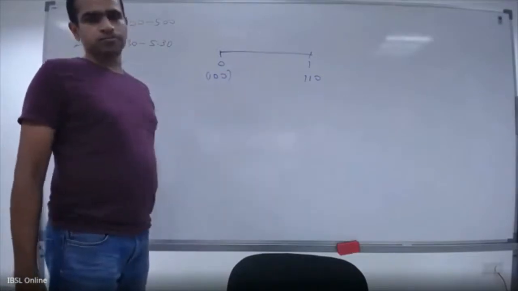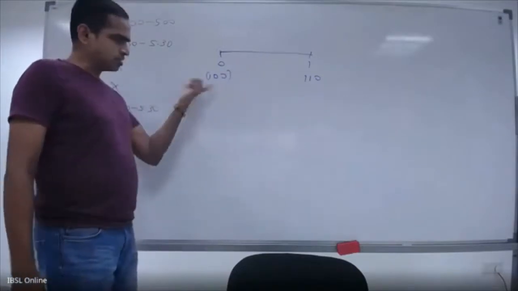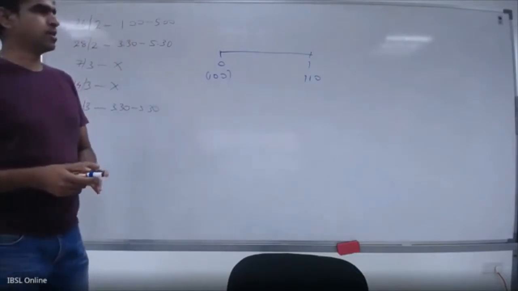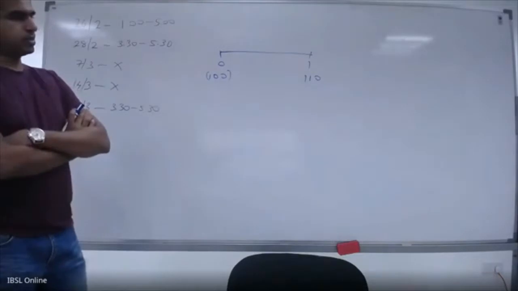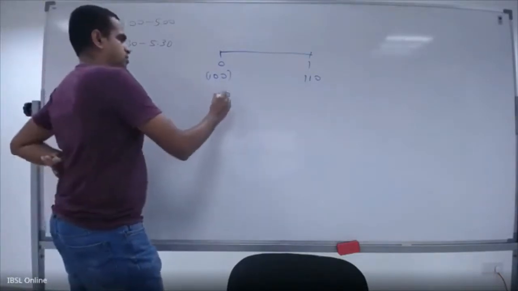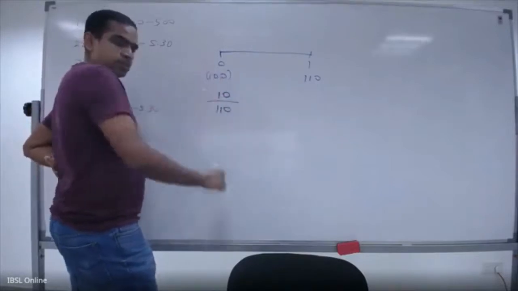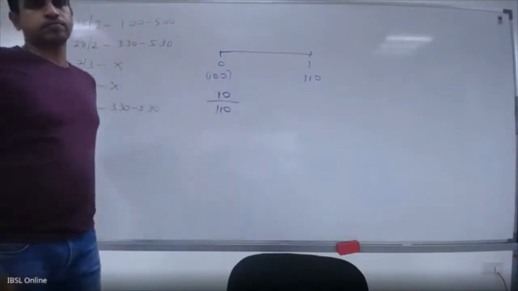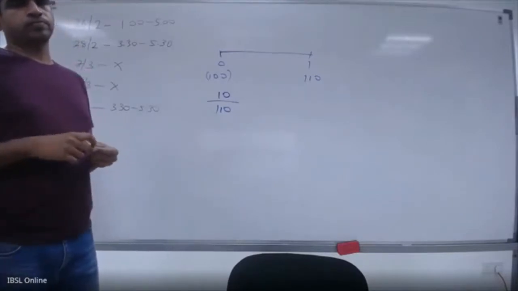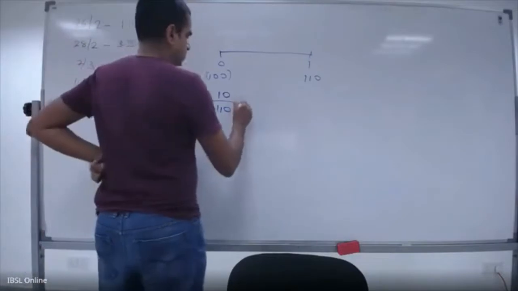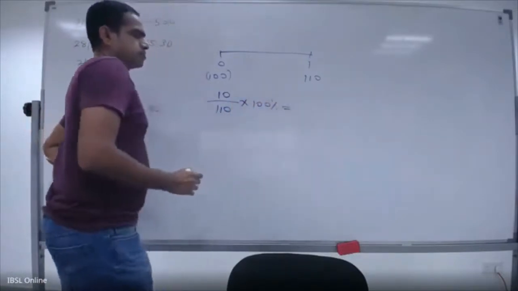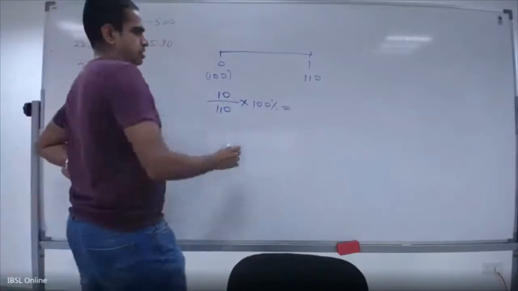110 is the face value, right? And he's investing 100. That means the price in this case is less than face value, so he's buying it at a discount, isn't it? He has got a discount of 10 on a face value which is 110. So his discount rate as a percentage of the face value will be 9.09%.